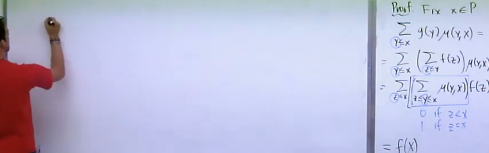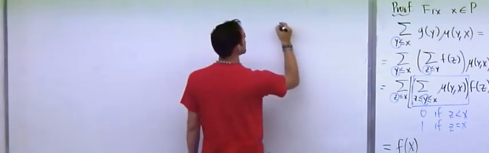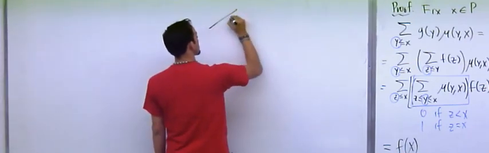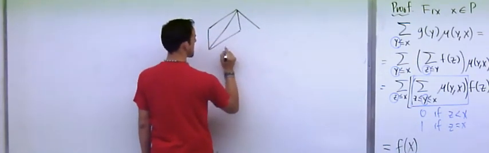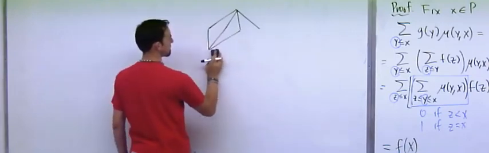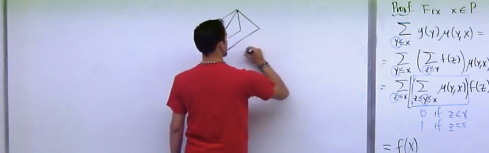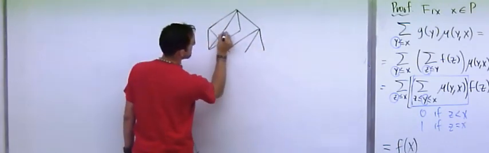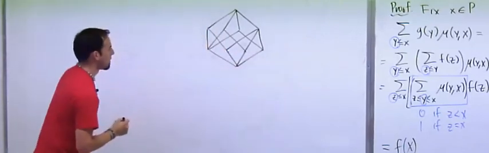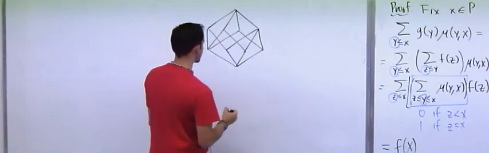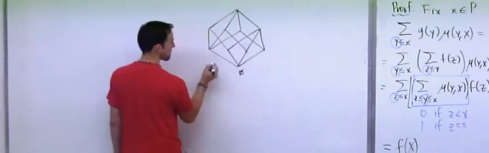So let me just remind you. Let's see where I should draw this. I'm going to draw it over here. So the poset that we keep looking at. This is a geometric lattice, and I'll show you why.